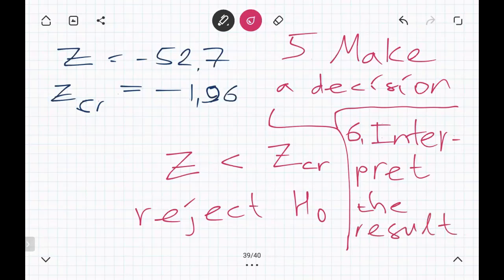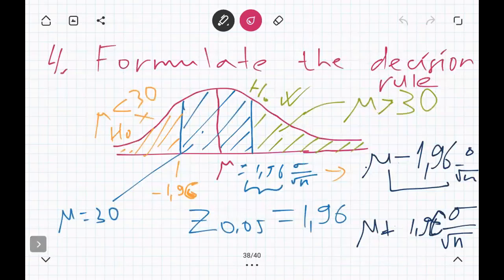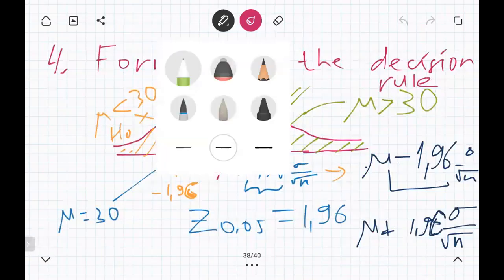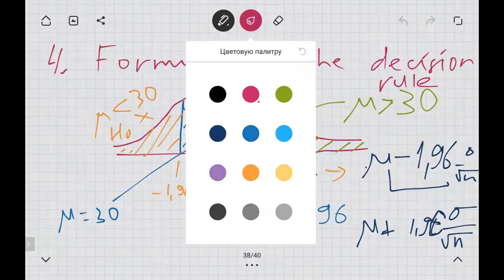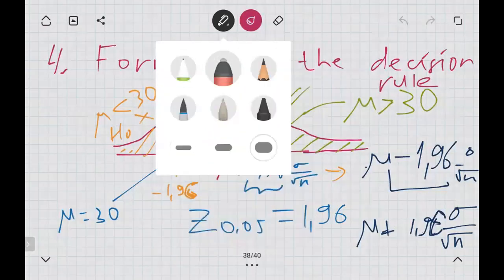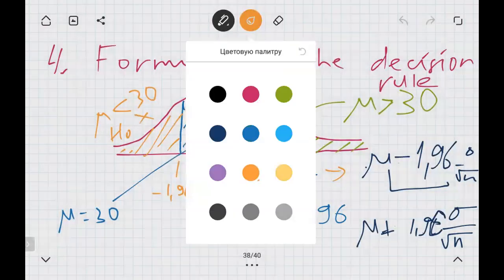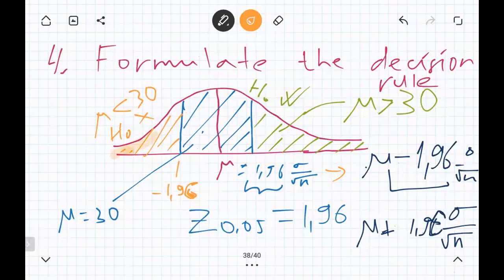And that will be the end of your testing. Now, I want you to look at one particular thing. So here, we said that we are rejecting our hypothesis when Z is in this range, in the left tail of a distribution.